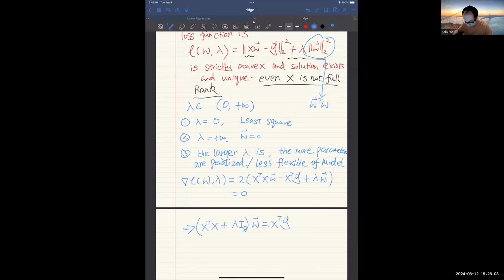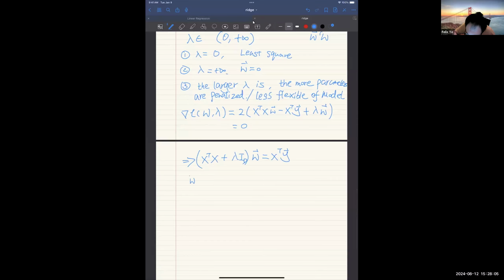Okay, so that means my MAP estimate is equal to the inverse of X transpose X plus lambda identity of D, times X transpose Y. You can see why this always has a solution.